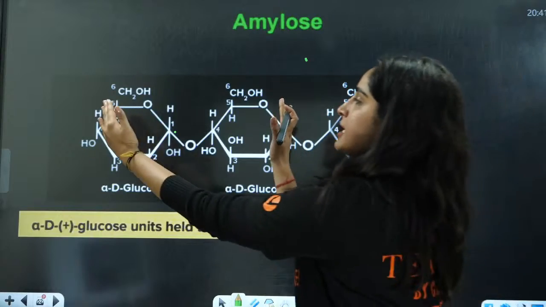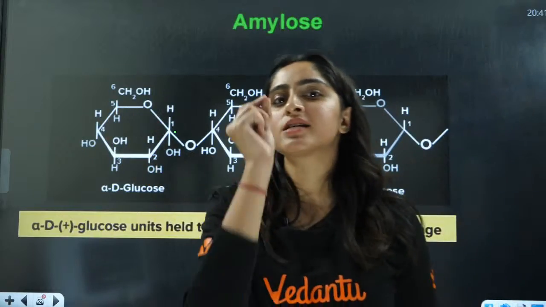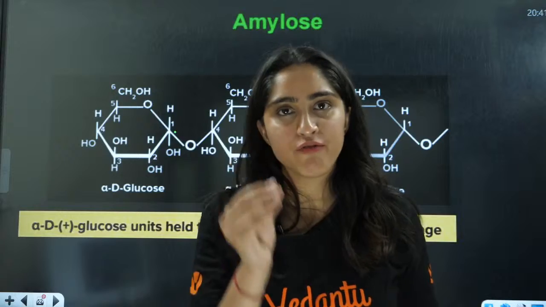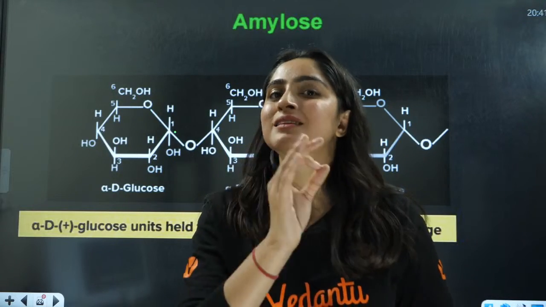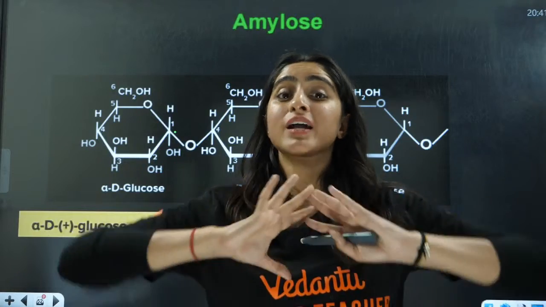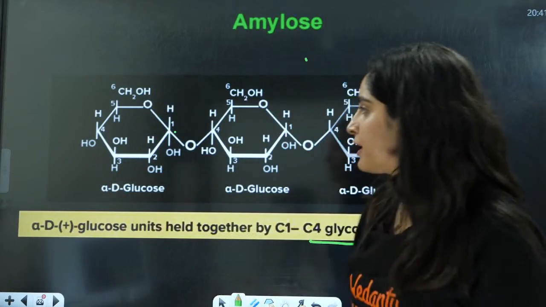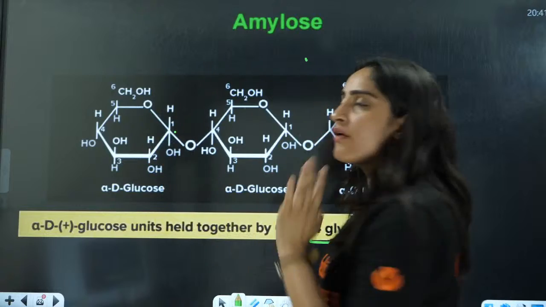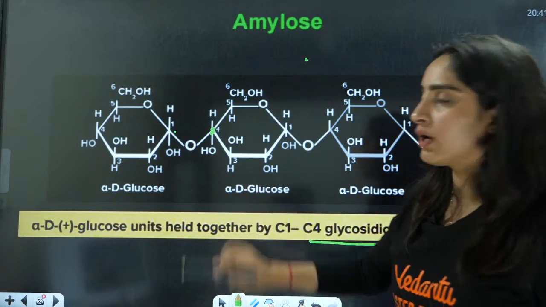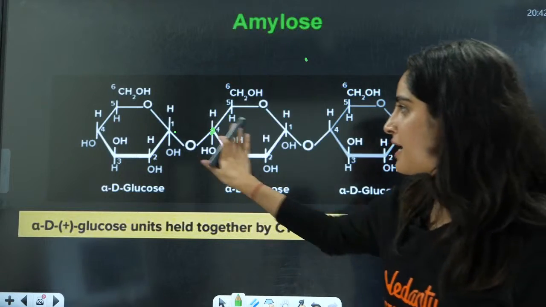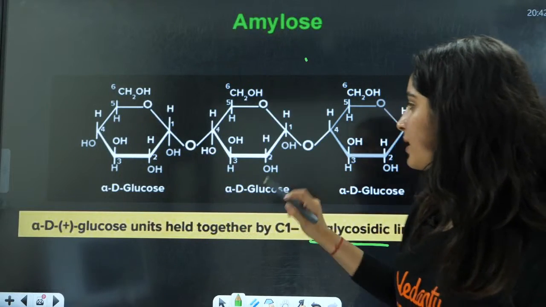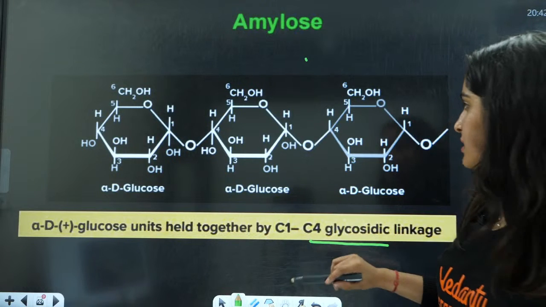If there is just one linkage between alpha glucose, the alpha 1 position and the 4 position, that is called maltose. If there are many linkages between one molecule of glucose and the fourth position of another molecule of glucose, you will get this kind of structure.